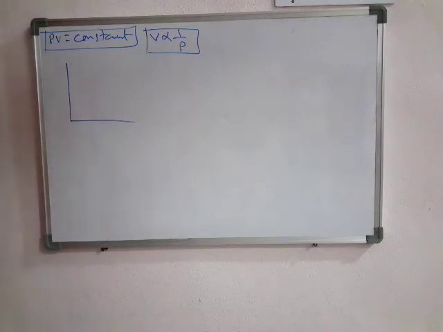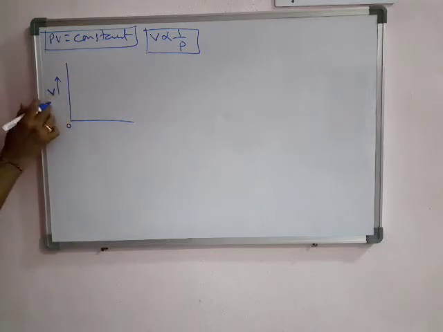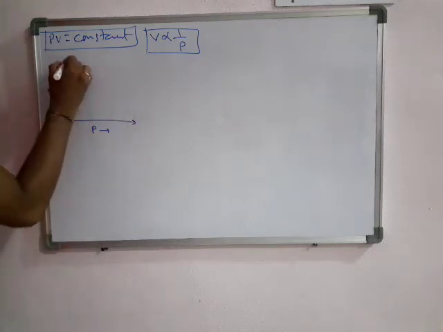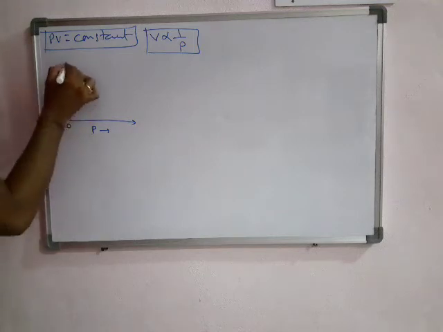We are taking volume on the y-axis in terms of liters, whatever it is. Now take the pressure on the x-axis. So how are they related? Inversely proportional. So the graph will be a curve like this.